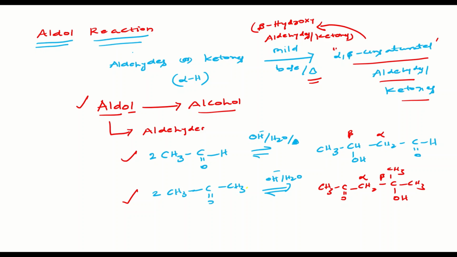The aldol reaction is very successful for most aldehydes containing alpha hydrogen, but not for ketones. Ketones will not give a very good yield; the product ratio with respect to the reactant is low. That is the reason this reaction is called the aldol reaction: ald means aldehyde, ol means alcohol.